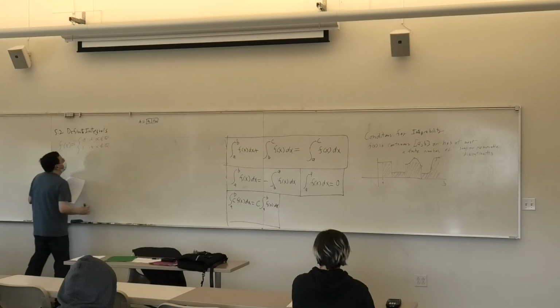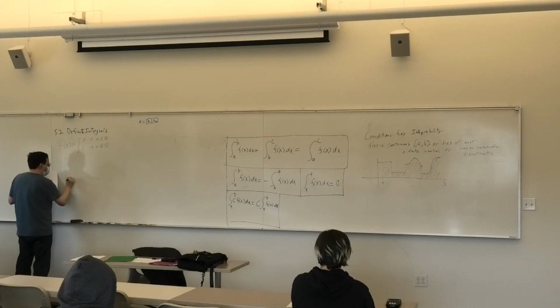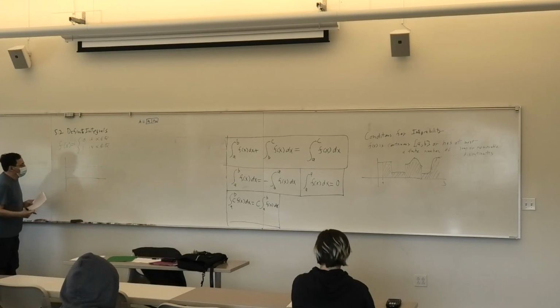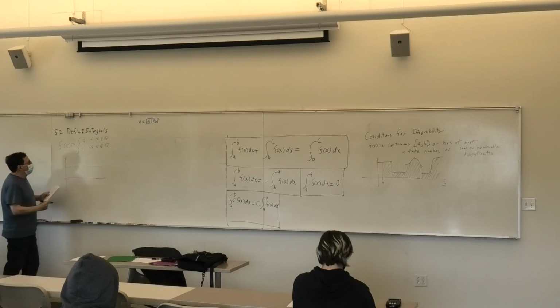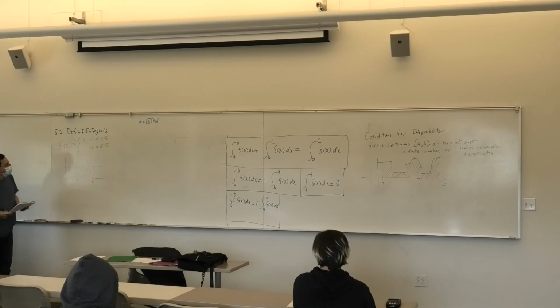And we draw this kind of like this, even though this is kind of a misrepresentation. For our purposes, this function is not integrable. It has an infinite number of discontinuities.